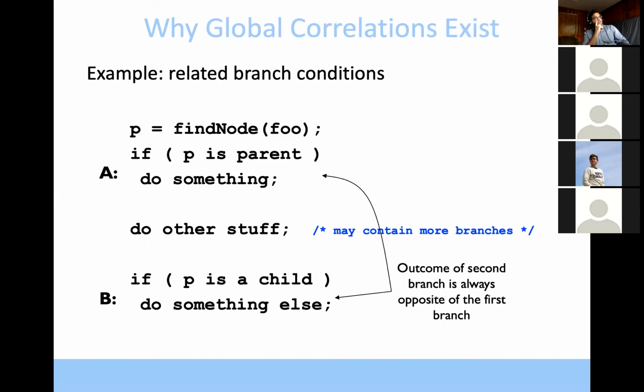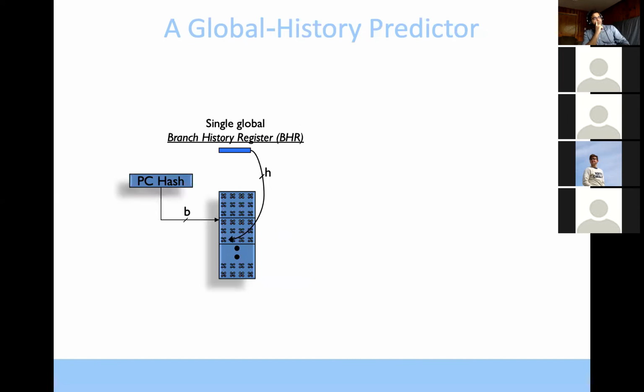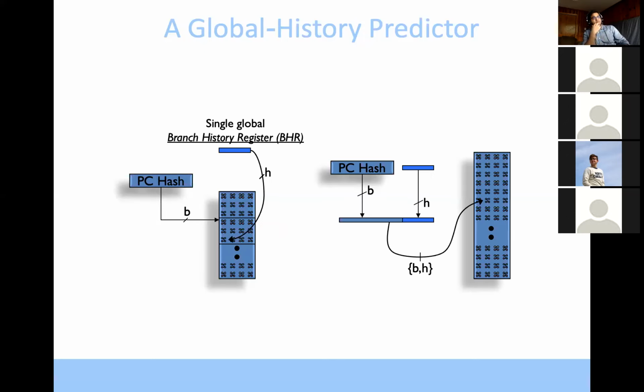And so it might make sense to actually build a global history predictor and a local history predictor. So the idea here is that we take a branch history register, which is, the single entry branch history table would be called a branch history register.